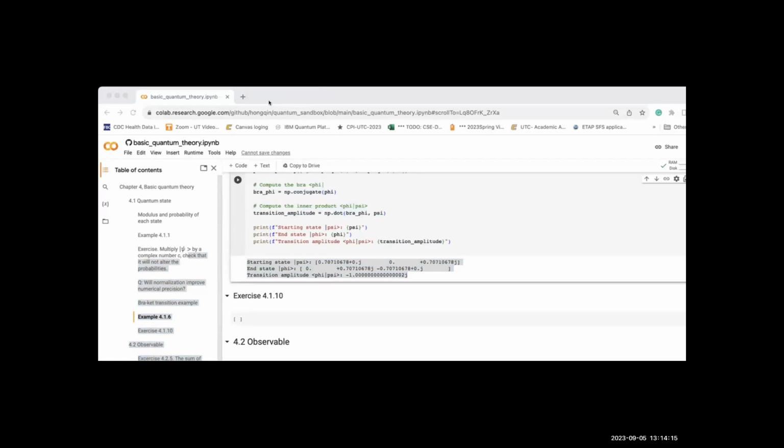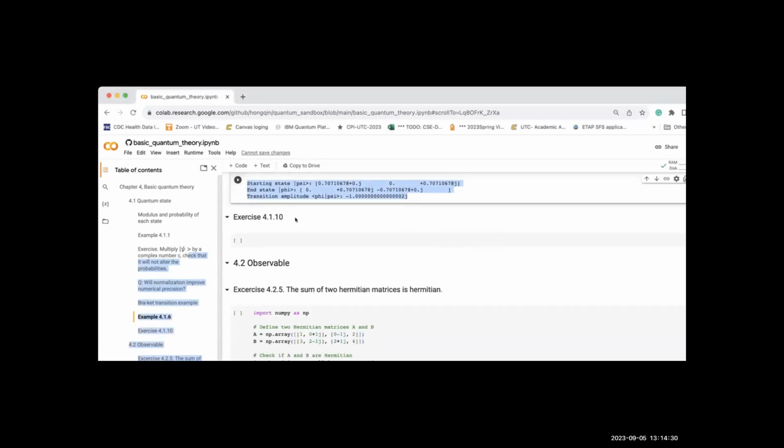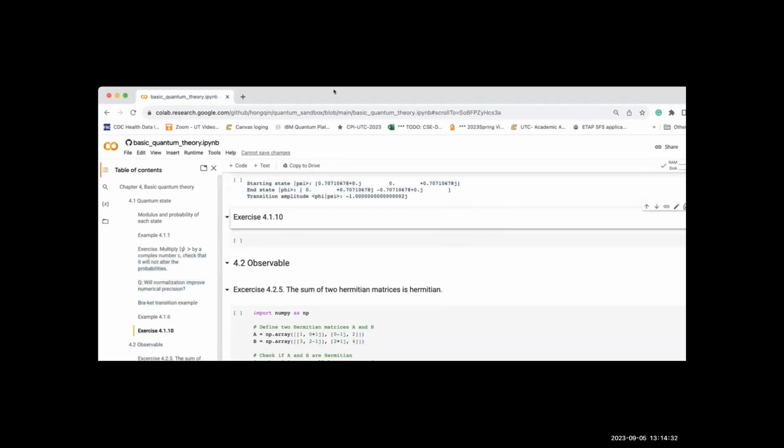The book actually asks you to do another exercise, for 110. That one.